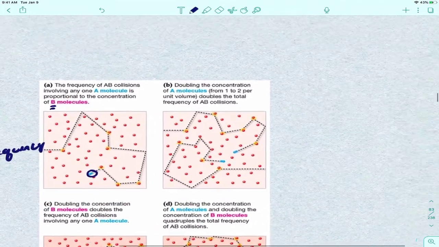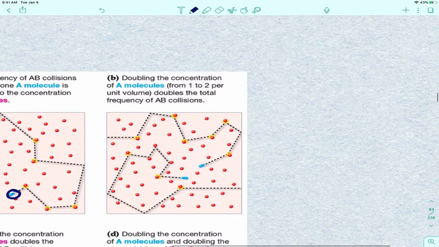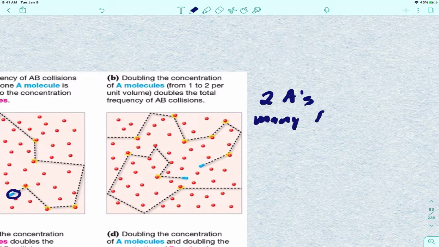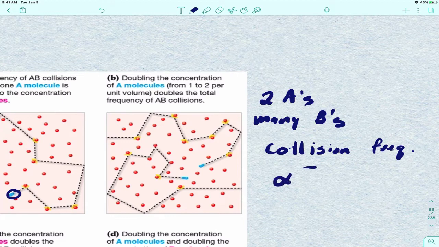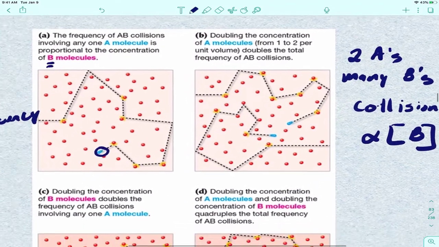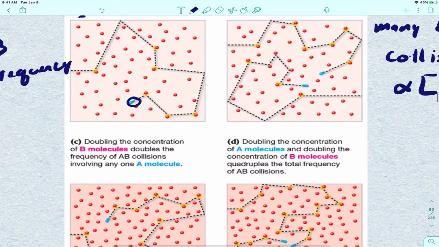Now, what if we double the concentration of A? In part B, you've got two As and still many Bs. In this case, the collision frequency is still going to be pretty much like that of the concentration of B, because there are still so many Bs to only two A molecules.